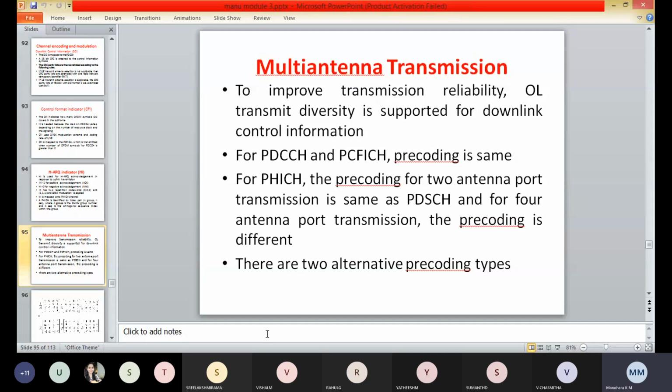For the PDCCH and PCFICH, the pre-coding is the same as the open loop transmit diversity for the PDCCH.